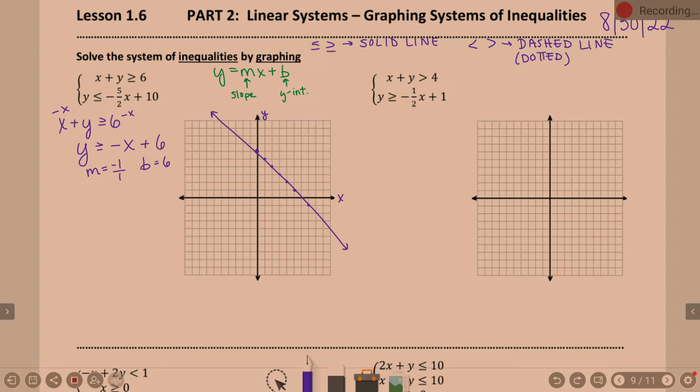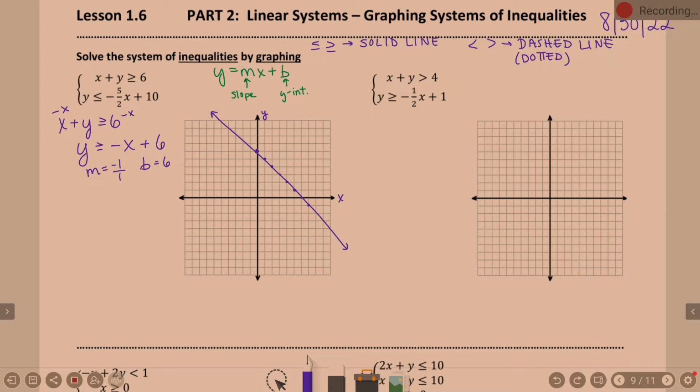Now, I'm going to go ahead and talk about it now. We're not technically quite done graphing that inequality. We need to decide where to shade. 99% of the time, your choices are above or below.